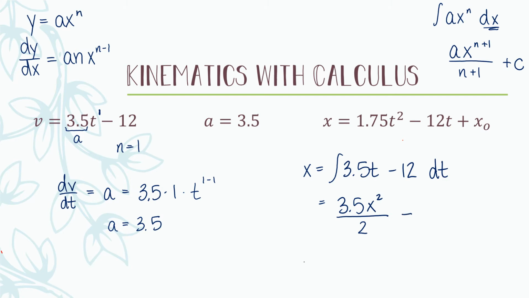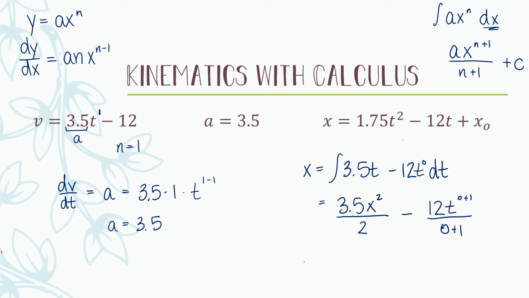And then this 12, you could think of that as being 12 times t to the 0 power. And so if I follow that expression, I have 12 times t to the 0 plus 1 power divided by 0 plus 1.